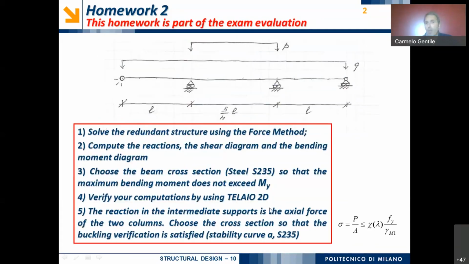And of course, you need to know which is the cross section, because you need to know the radius of inertia of the cross section, because the slenderness is the ratio between the effective length and the inertia radius.